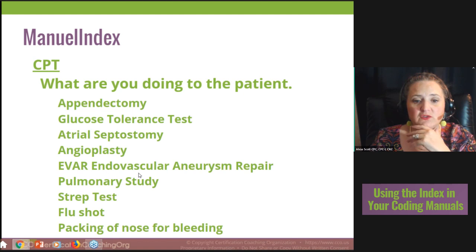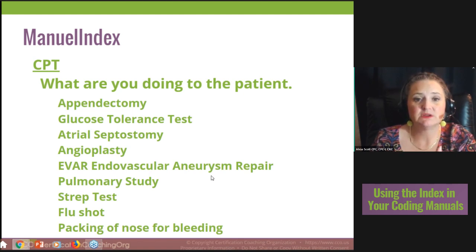And so, what is the key word for this EVAR? Again, they're not going to write endovascular aneurysm repair. They are going to put EVAR, and you need to know what it is. Well, what are we doing to the patient? We're not doing endovascular. That is a type of something.